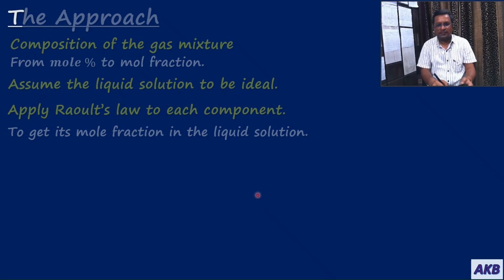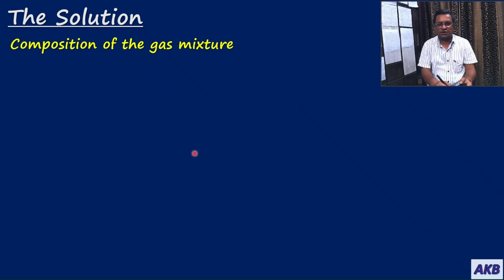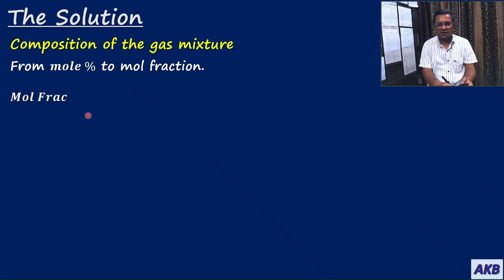Let us move ahead. Now let us start solving the numerical. First, let us convert the composition of the gas mixture from mole percent to mole fraction. How can we do that? Mole fraction is simply obtained by dividing mole percent by 100.